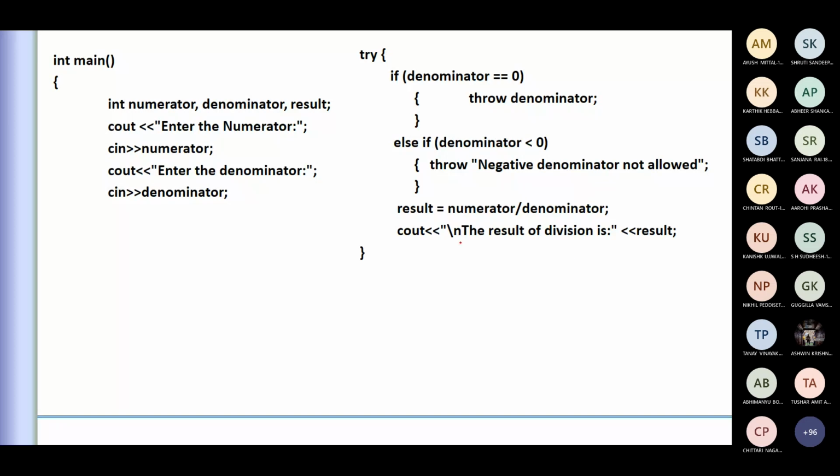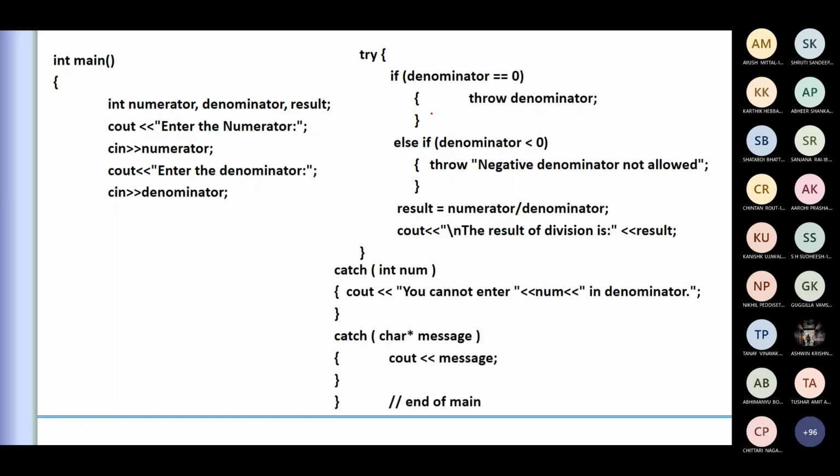So you're trying to anticipate that this particular line may get an error, and you're trying to handle that, that is the requirement for us. So before you encounter the error in this particular line, you are trying to handle these two conditions. That is how it is done here. Now what is observed, as I told, in the first case, if the denominator happens to be a number, because throw denominator is nothing but an integer value.